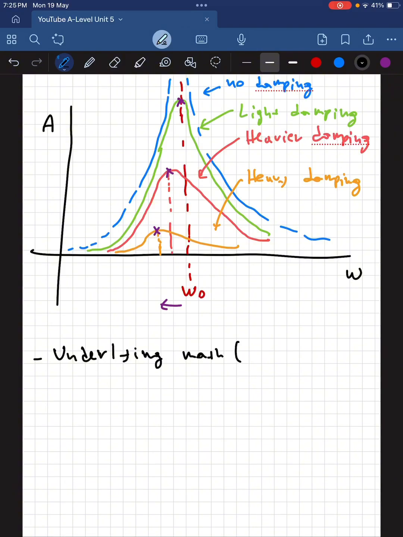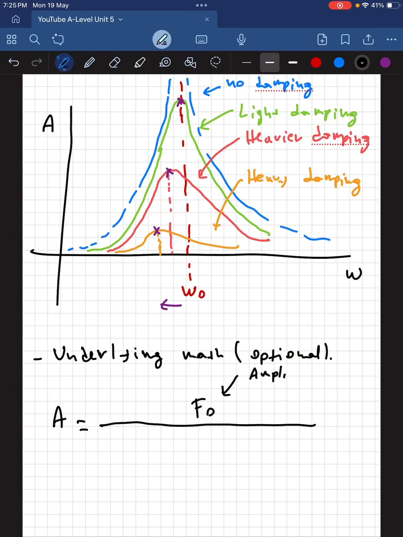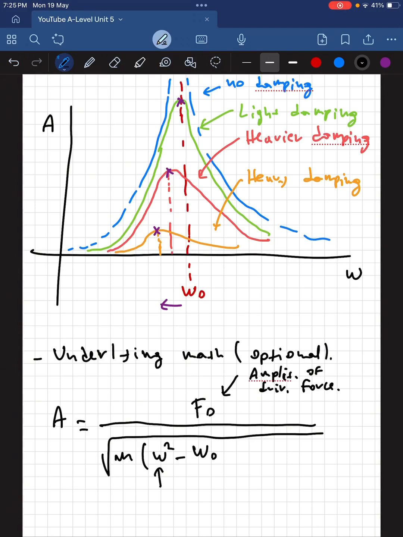So the underlying math, which is optional, tells you that A, the amplitude, is equal to F naught, which like before is the amplitude of the driving force, okay? And in the denominator, we will have m times omega squared, where omega is the frequency of the driving force.